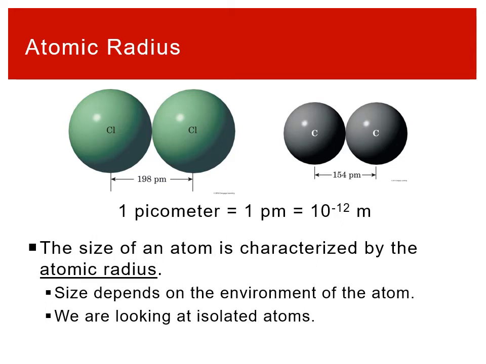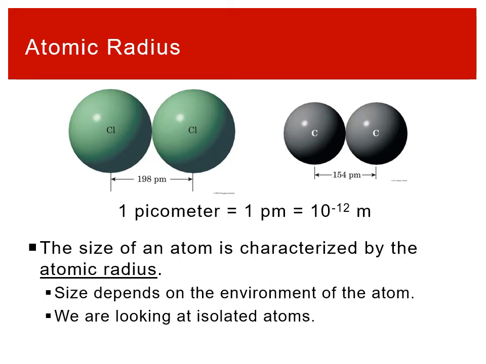Here I have chlorine and carbon atoms that are just over 100 picometers apart. That is 10 to the negative 12 meters. So these are very, very small. One of the things I also want to note is that we're going to be looking at individual numbers for the size of an atom. We're going to give them a radius, the distance from the center out to the edge of the sphere.